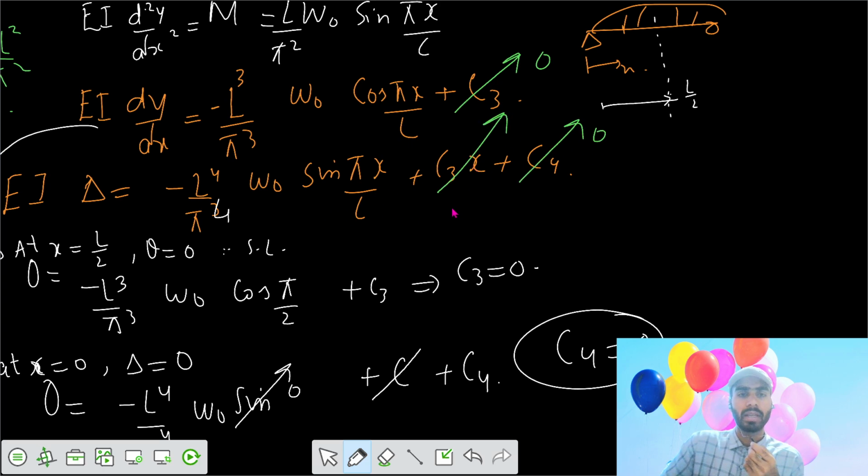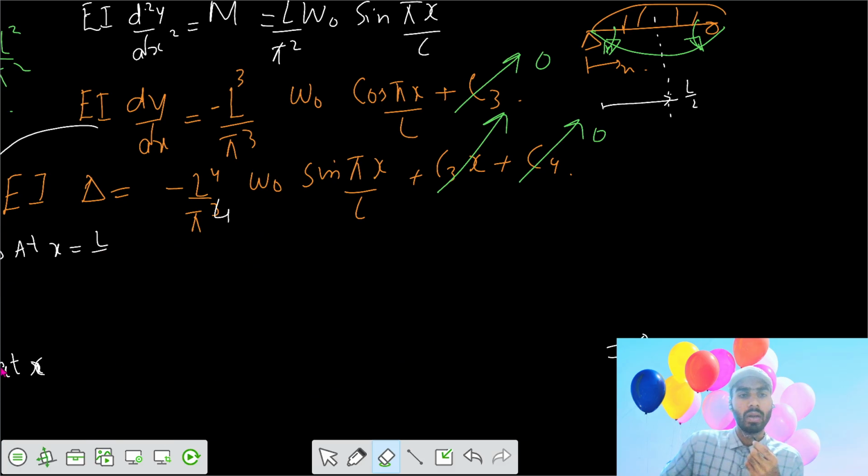If you want to get the maximum values, firstly theta maximum would be at the supports, at x equals 0. Theta max equals, when you substitute x equals 0 here, we get cos 0, that's 1.